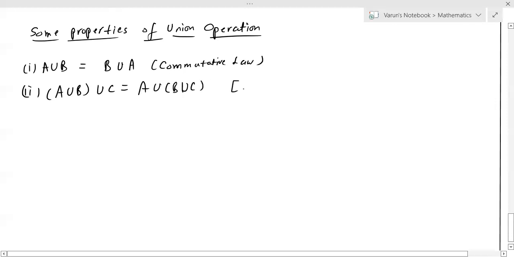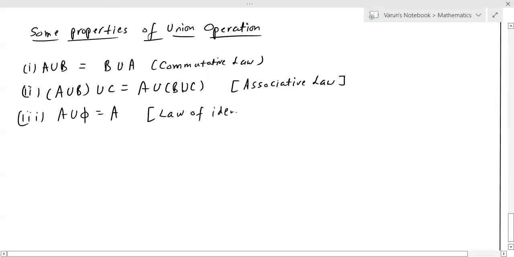This is known as the associative law. A union phi is equal to A, the law of identity element. Phi is the identity of the union operator. Don't misinterpret this as the universal set. This is the union operator. Got it.